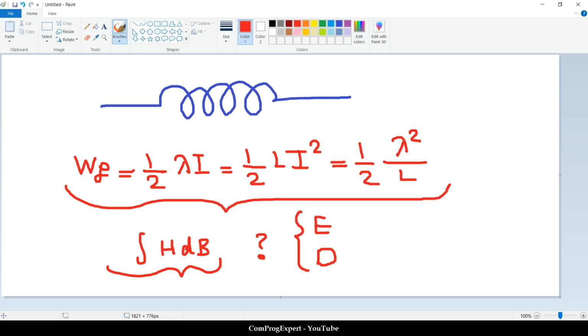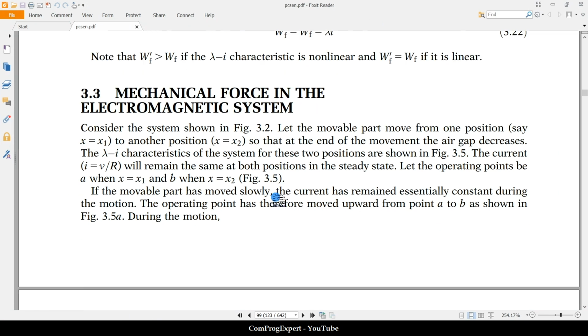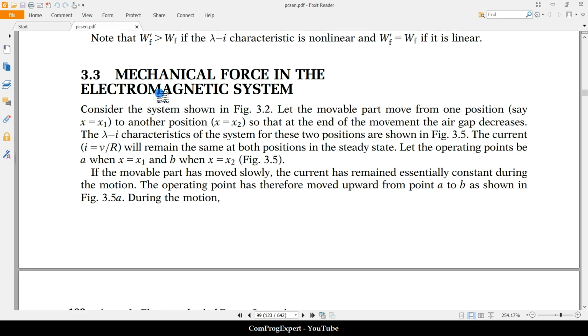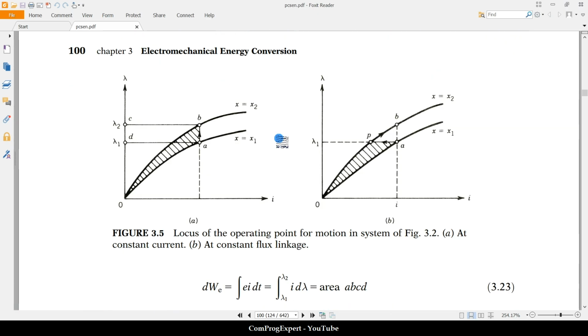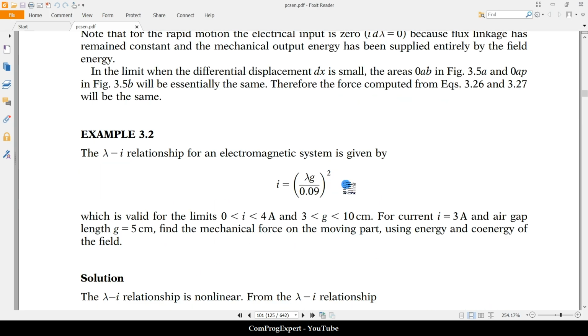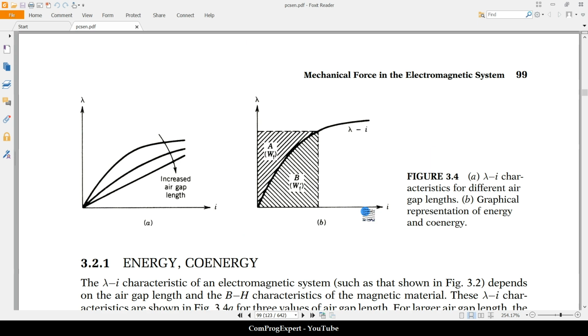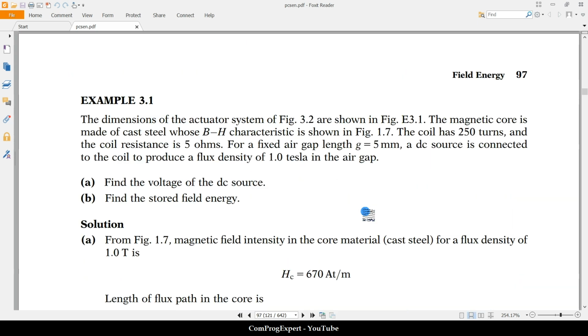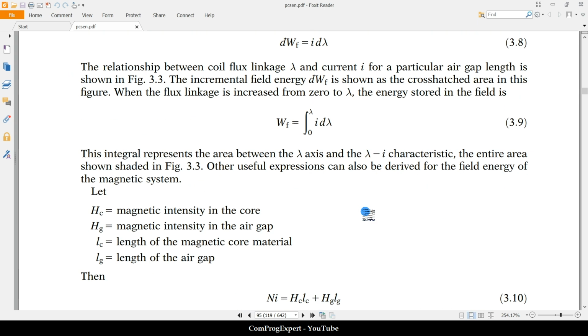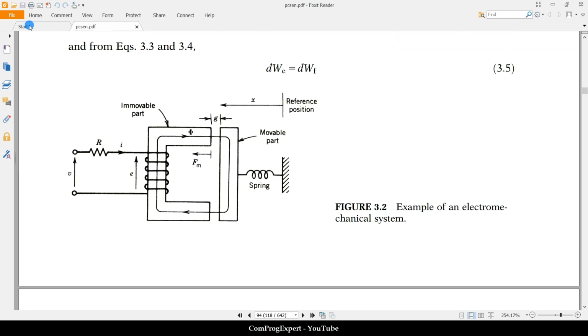Anyway, how can we use these definitions to calculate mechanical force or mechanical torque? We need to consider a system, write equations and check the motion this time. So again, consider this system.